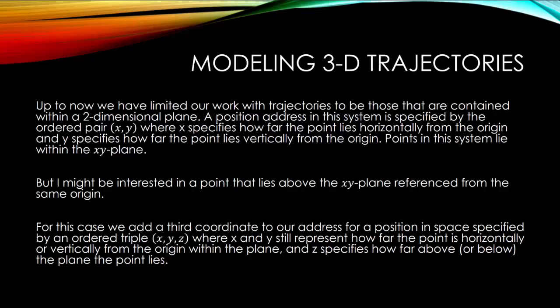If, however, I'm interested in a point that lies above the xy plane but is still referenced at the same origin, I need to add a third coordinate to specify that point in space. The addition of this third coordinate now gives me an ordered triple, xyz, where x and y still represent the horizontal and vertical distance from the origin, but z specifies how far above or below the plane the point will lie.